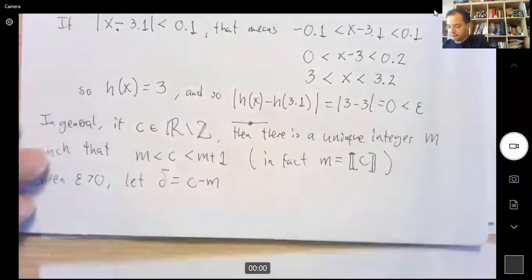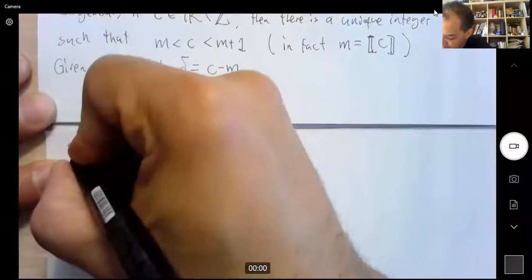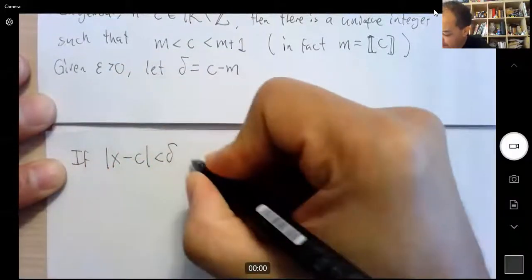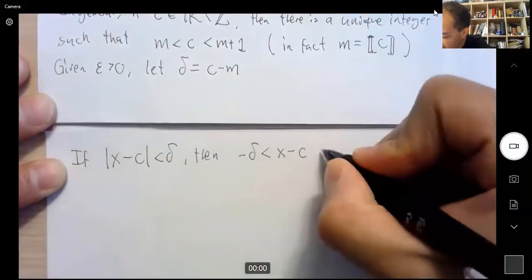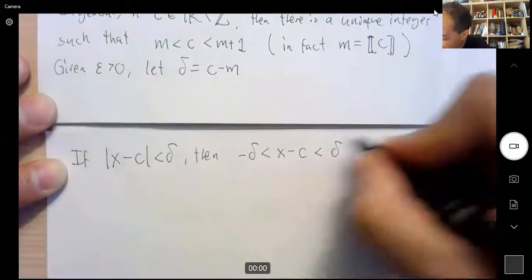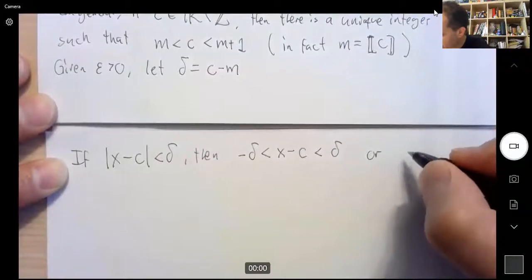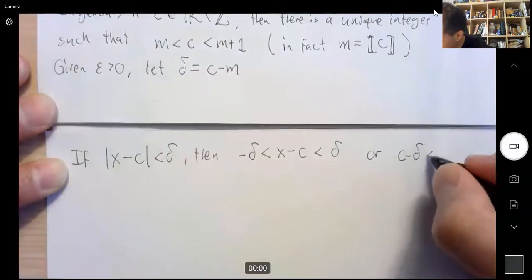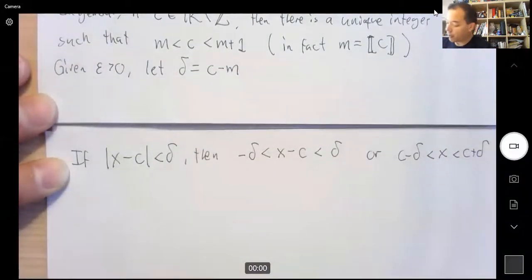and then if |x minus c| is less than delta, then what that means is that negative delta is less than x minus c, which is less than delta, or if I add c, it says that c minus delta is less than x, which is less than c plus delta, right? Well, what is c minus delta?